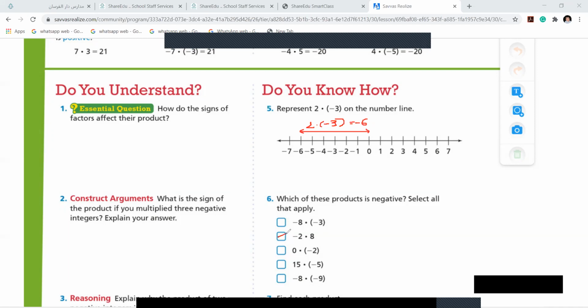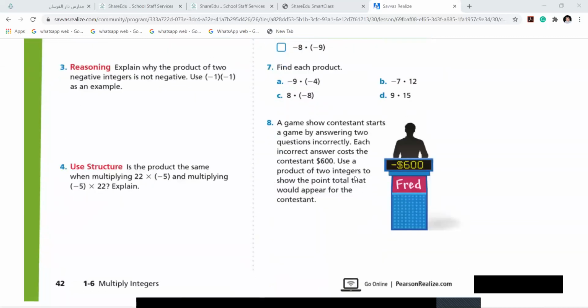Yes. Very good. Third one? No, because 0 times anything is 0. 0 can never be negative. This one, 15 times minus 5, yes. Minus 8 times minus 9? No. Very good. Excellent, Majduleen. You understood my lesson, alhamdulillah. I thought I was going fast, but alhamdulillah, you all got it. Stop me if you don't.